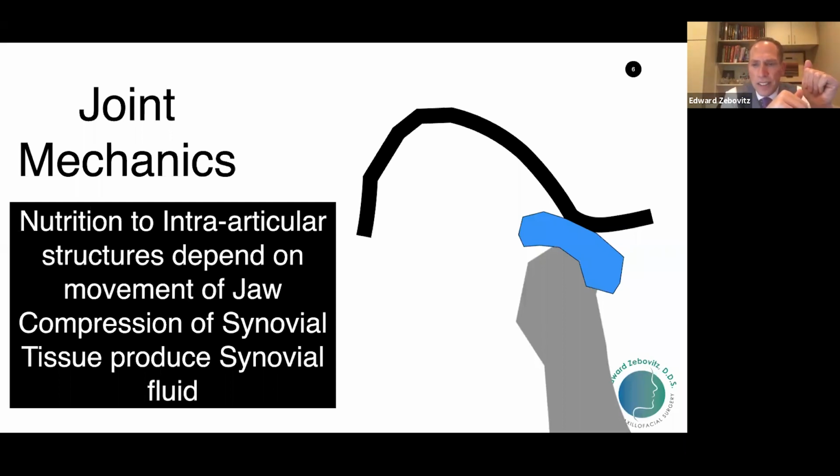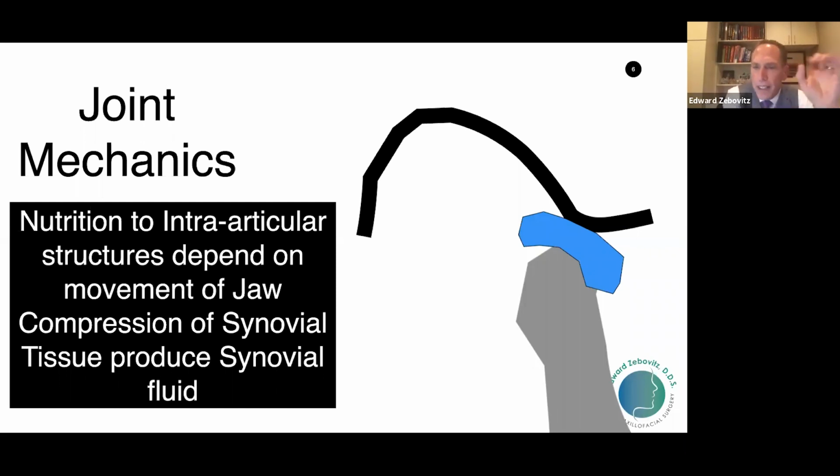When the cartilage is there, there are no blood vessels, so the way it gets its nutrition is by the fluid inside the joint, synovial fluid, which is a plasma filtrate, brings oxygen and sugars to bathe and give nutrition to the cartilage inside the joint.